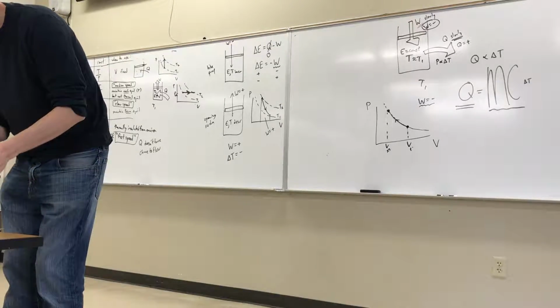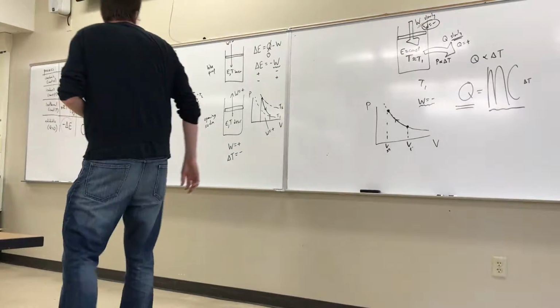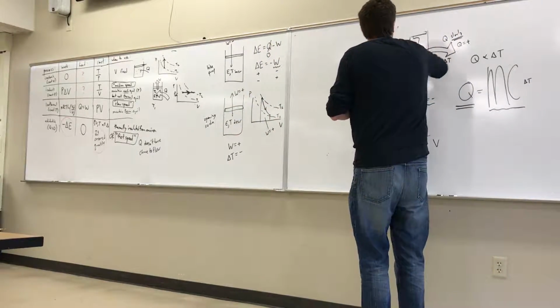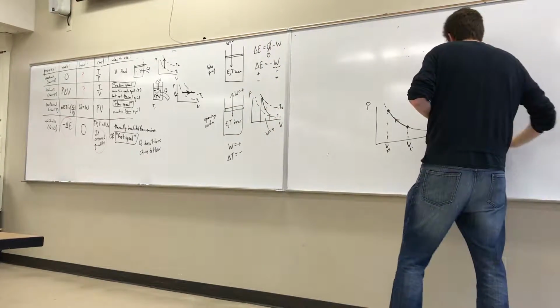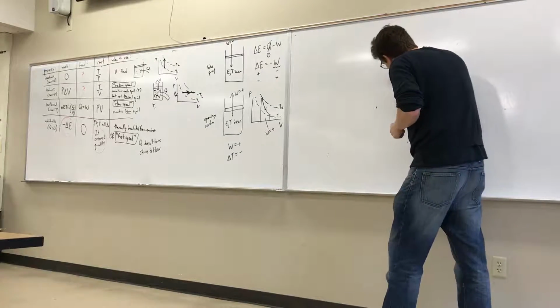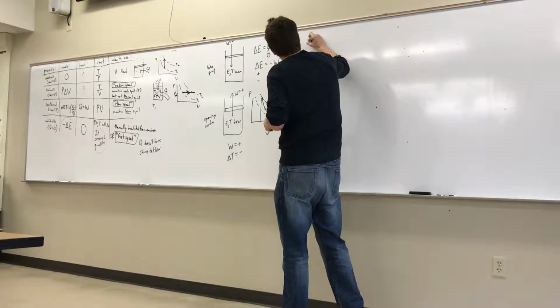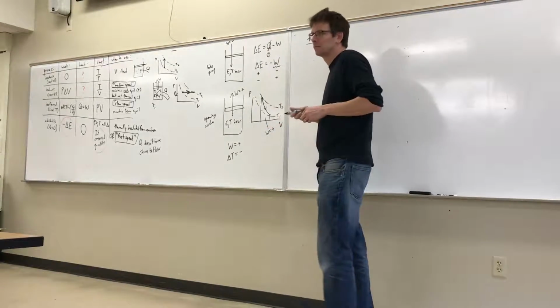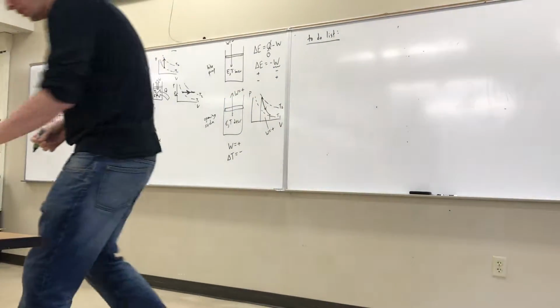So, where does that leave us? It certainly leaves us with an obvious to-do list. So, let's talk about it. Here's our to-do list. So, what do we have to do?